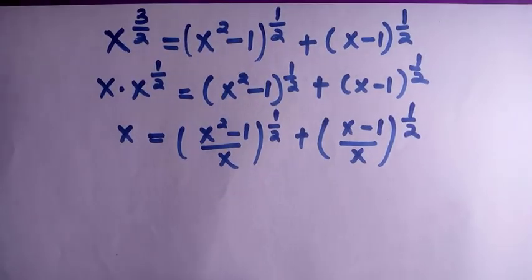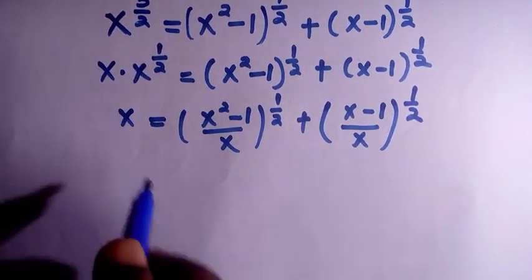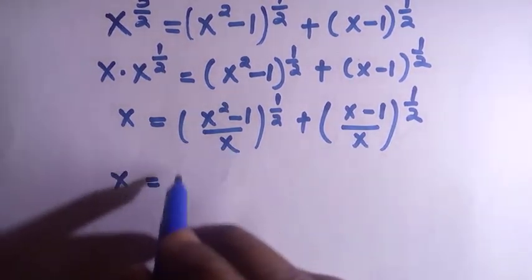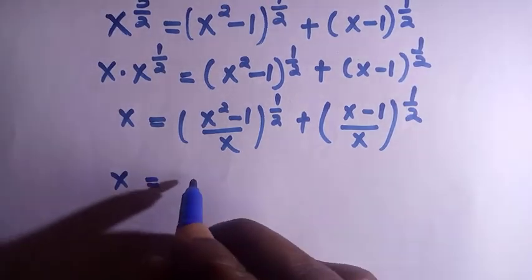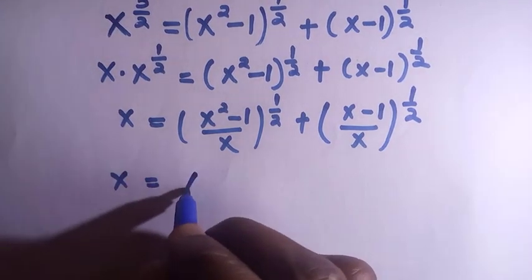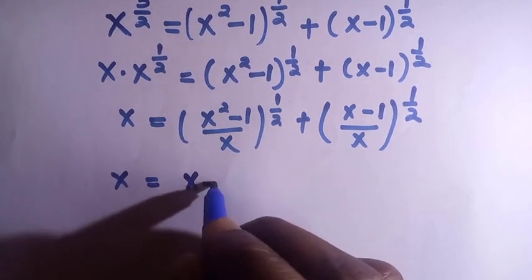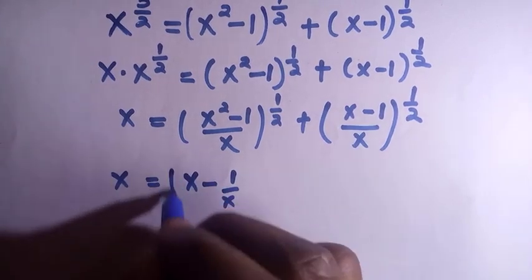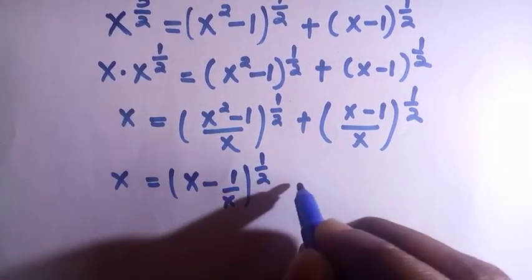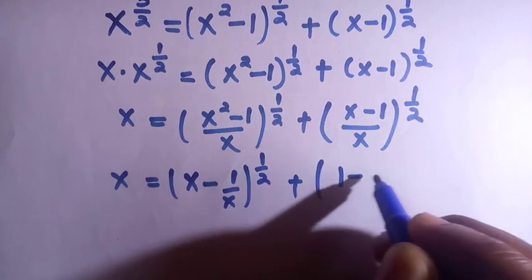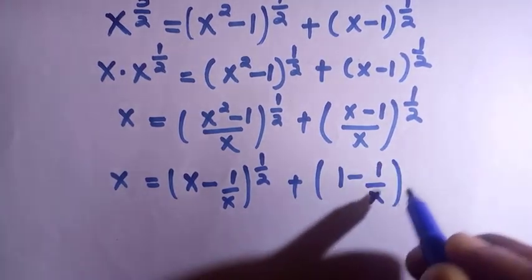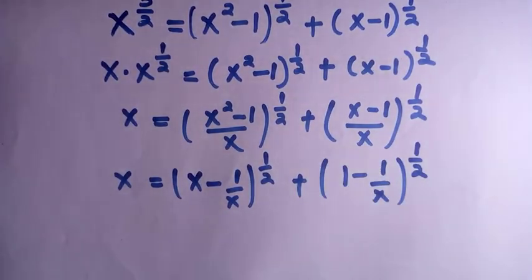And so the next thing is, for the first one, we have x equals to, so let's say I try to divide this, so it becomes x minus 1 over x raised to the power of 1 over 2 plus bracket 1 minus 1 over x raised to the power of 1 over 2.